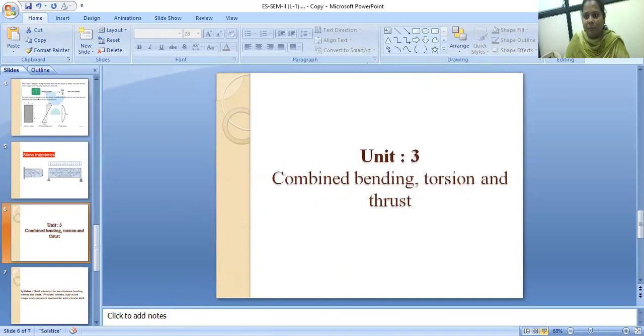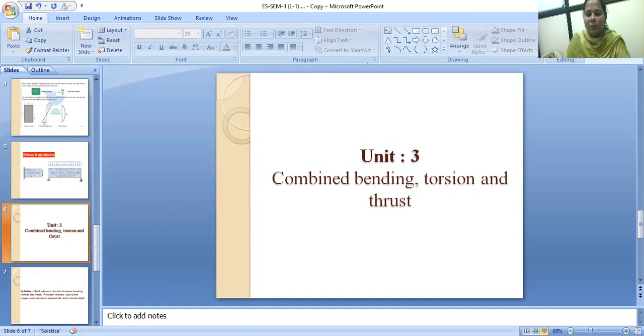After that, syllabus. So syllabus for this particular unit is shaft subjected to simultaneous bending, torsion, and thrust. Then second point is principal stresses, equivalent torque, and equivalent moment for solid circular shaft.